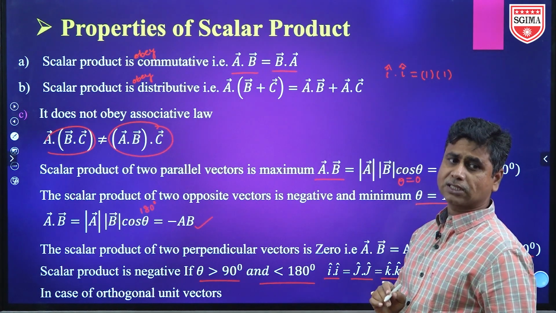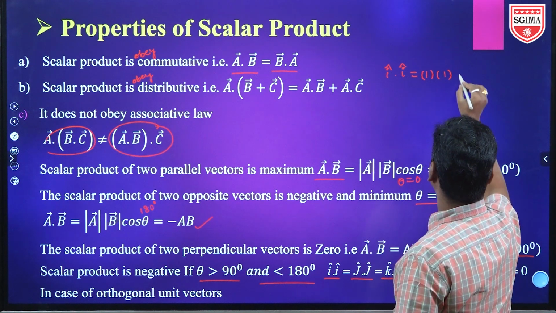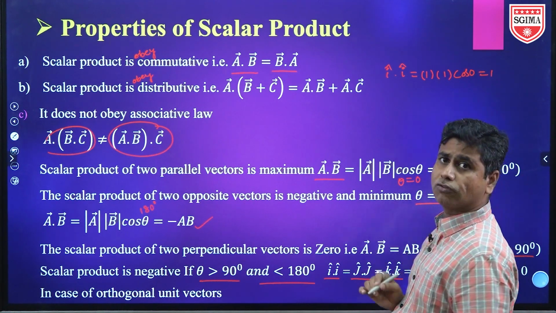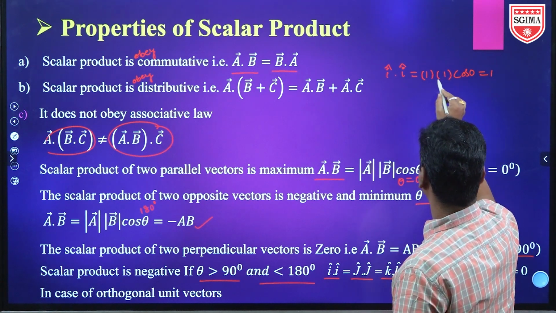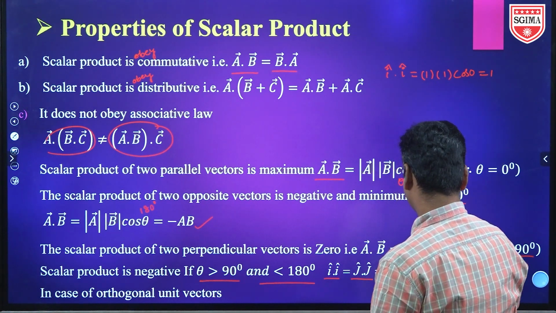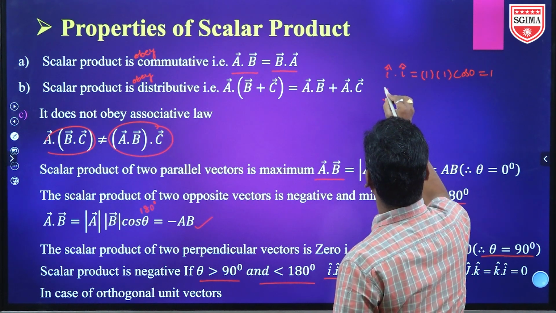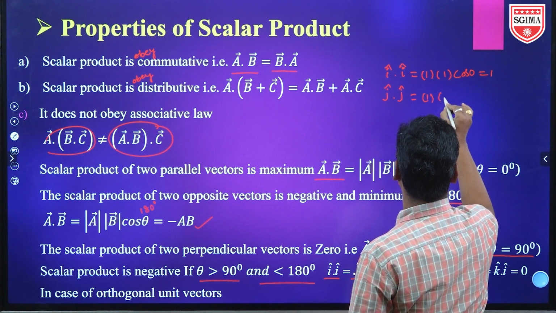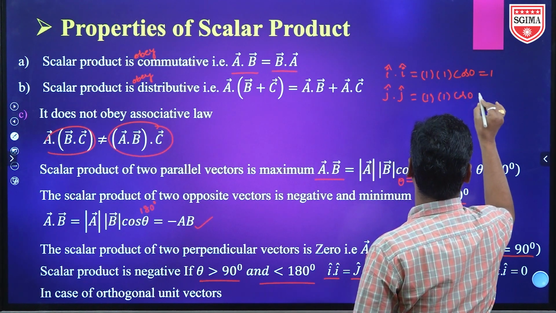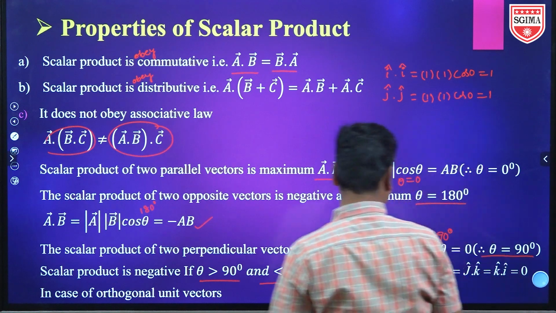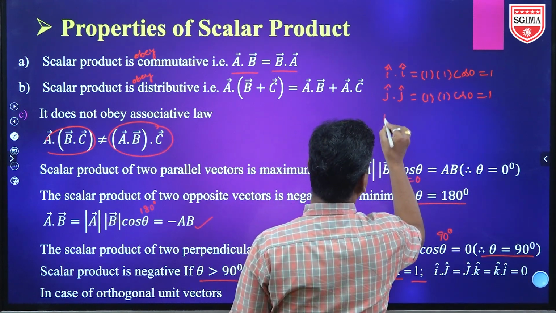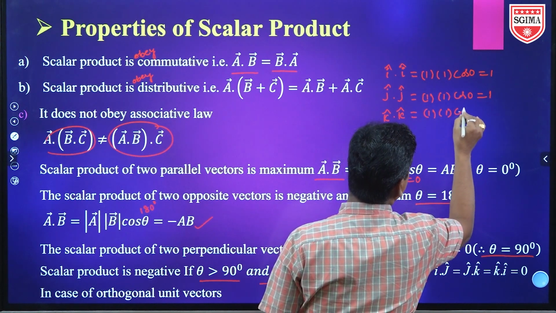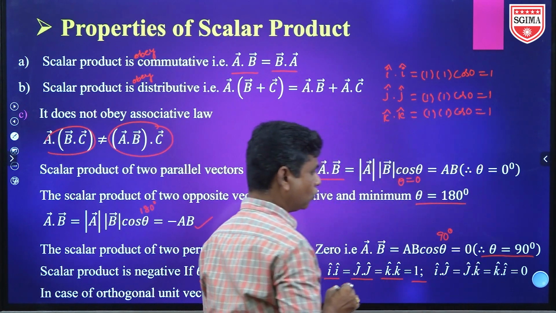Both vectors act in the same direction, so cos 0 equals 1, and 1 into 1 equals 1 only. Similarly, j cap dot j cap is 1 magnitude times 1 magnitude times cos 0, which equals 1 only. Similarly, k cap dot k cap equals 1 into cos 0, which equals 1 only.